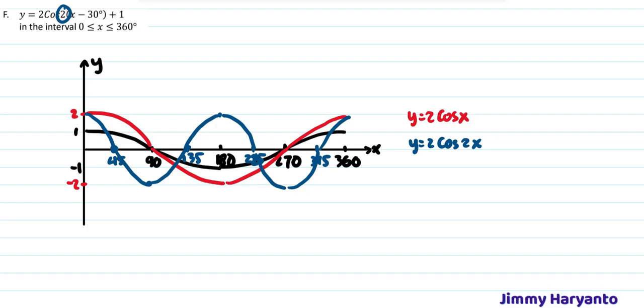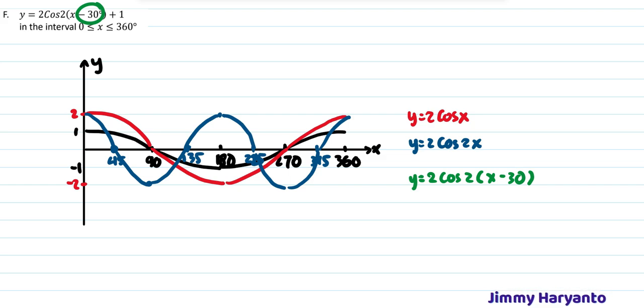Next is this one, negative 30. Negative 30 means shift the curve to the right by a distance of 30 degrees. Yes, so 2 cos (2x minus 30). Okay, so we have 45. That means when we move it, it will become 75, and then this one will become 120, and so on. I don't have much space left to write it down, so I will not rewrite it.